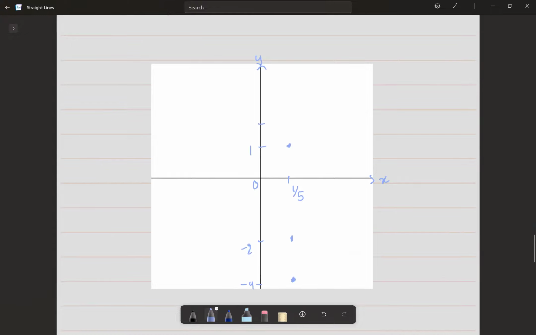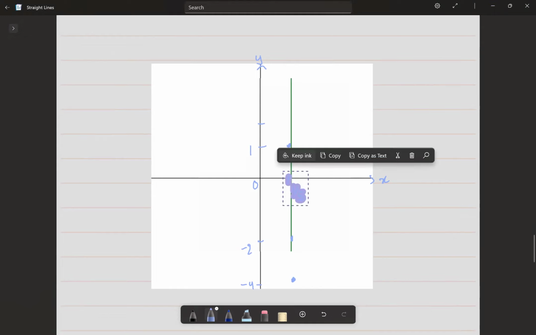So we can say that this should be a vertical line. So if we want to draw this line, it should look more like this. It is a very much vertical line, and all points on this line have x coordinate of 1 by 5.